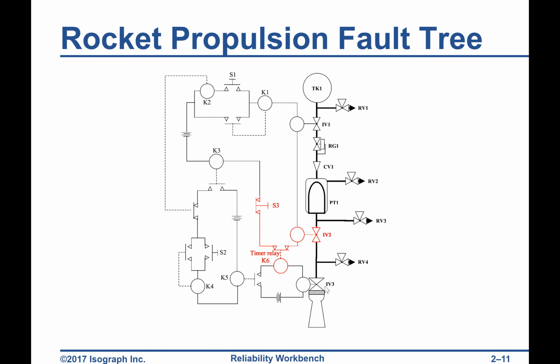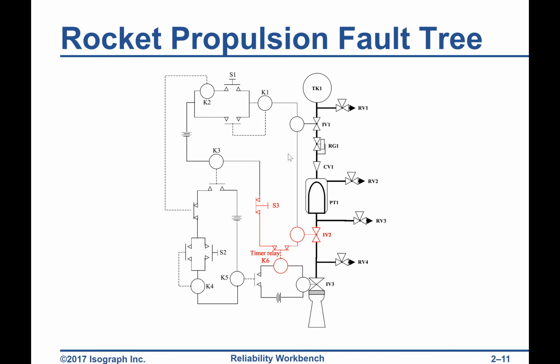So both IV2 and IV3 could remain open if those two components fail. If, for instance, relay K5 on its own were to fail, that would cause IV3 to remain open, but so long as these two operate, IV2 will close and we're safe. So there are certain failures that can only affect one or the other valve, but these two components will affect both of them.